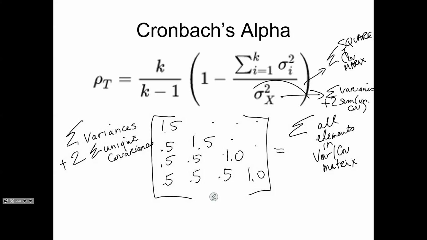That's what this is. On the top, these are actually the item variances. So what this is saying is, on the top, sum those diagonal elements, sum the item variances.